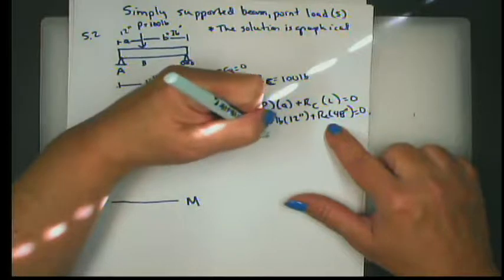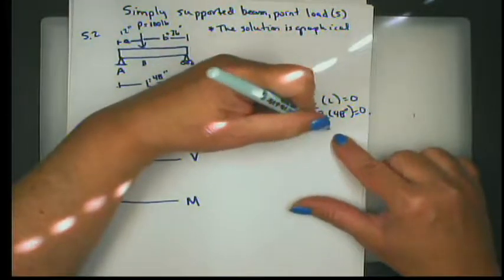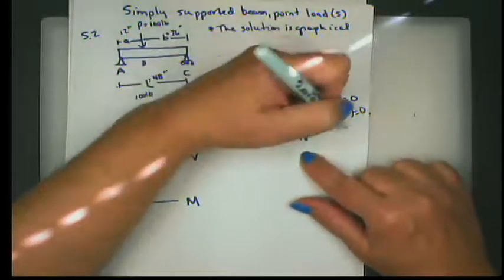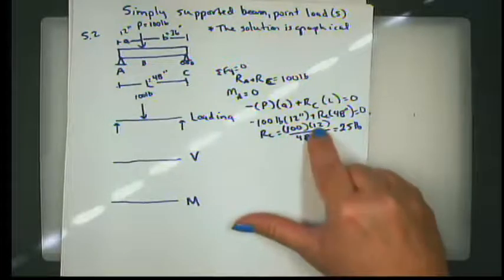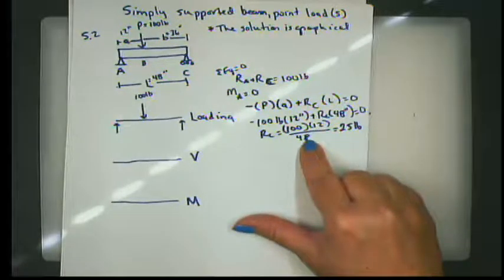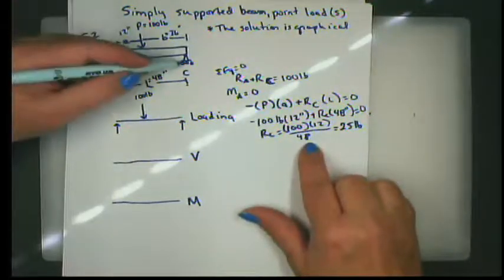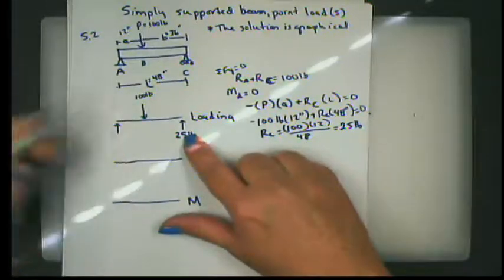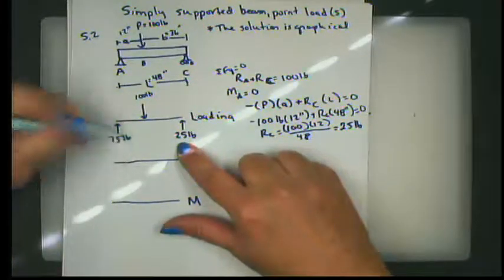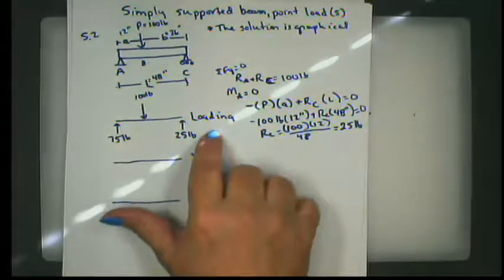We can solve this for R sub C. It's 100 times 12 divided by 48, which is 25 pounds, right? Because this divided by this is 4, so it's 100 over 4, which is 25. All right, so my reaction at C is 25 pounds. And looking at my beam, that means this has to be 75 pounds, doesn't it? Don't have any choice otherwise. All right, I have constructed my loading diagram.